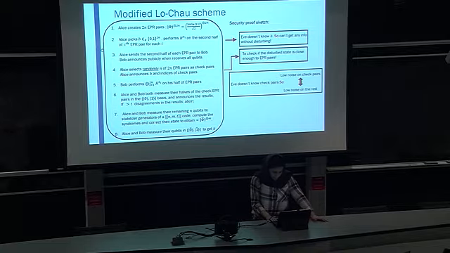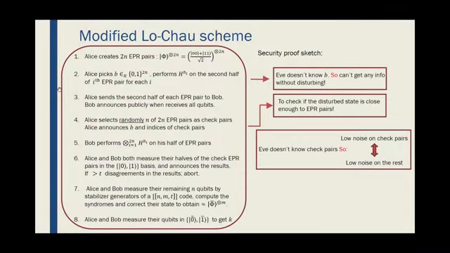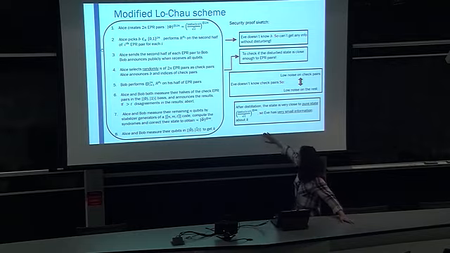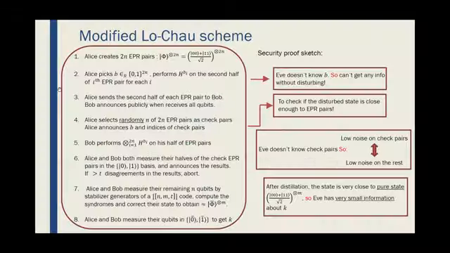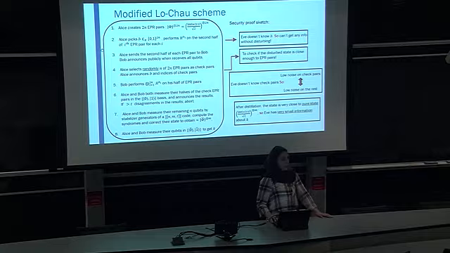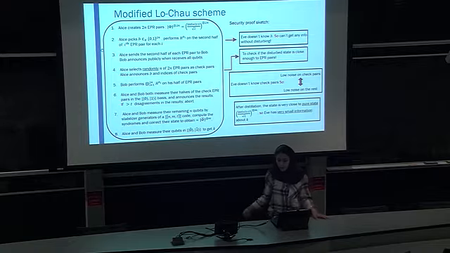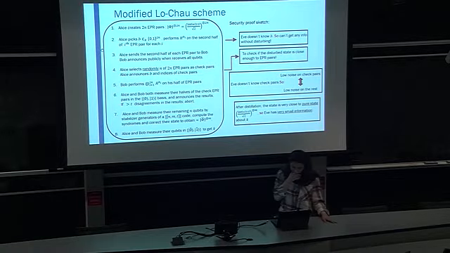And again, since Eve doesn't know which pairs are chosen as check pairs, if there is low noise on check pairs, it implies low noise on the rest of the qubits. And so after distillation, the state will be very close to a pure state, which means that Eve has very small information about the key the parties derive. So this shows that this modified Lo-Chau scheme is secure.